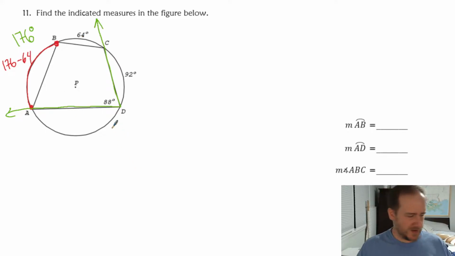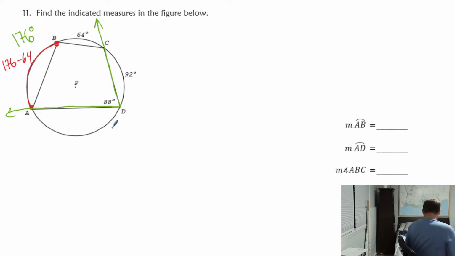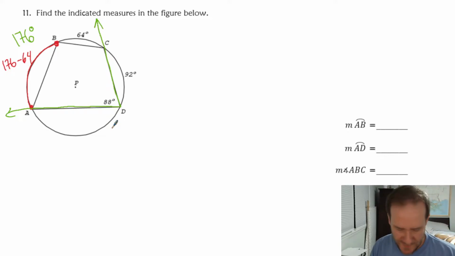And then what is that? I'll just get a calculator so I don't mess it up. But 176 take away 64 is 112. So that red guy's 112. And you definitely had all the theorems you needed to figure that out.